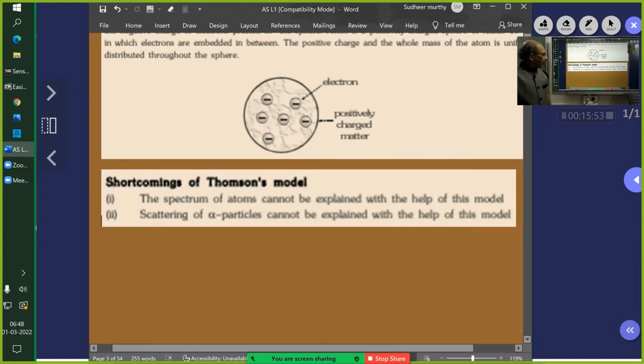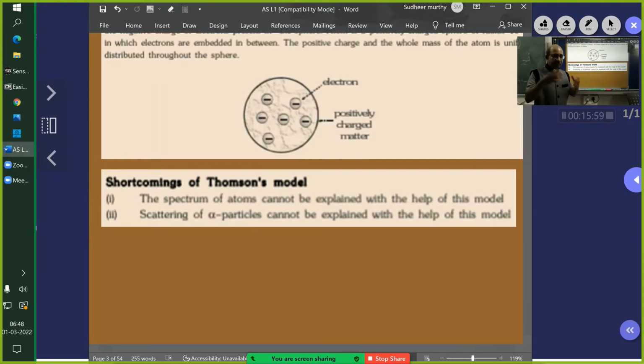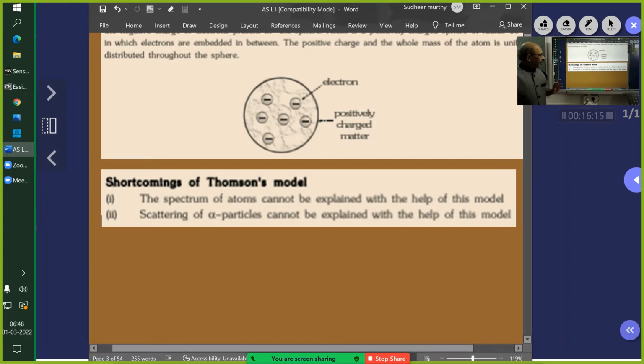In some experiments they saw waves coming out, like the Lyman series, and the Thomson model could not explain those. The alpha particle scattering experiment also could not be explained by this model, and therefore this model was also questioned.